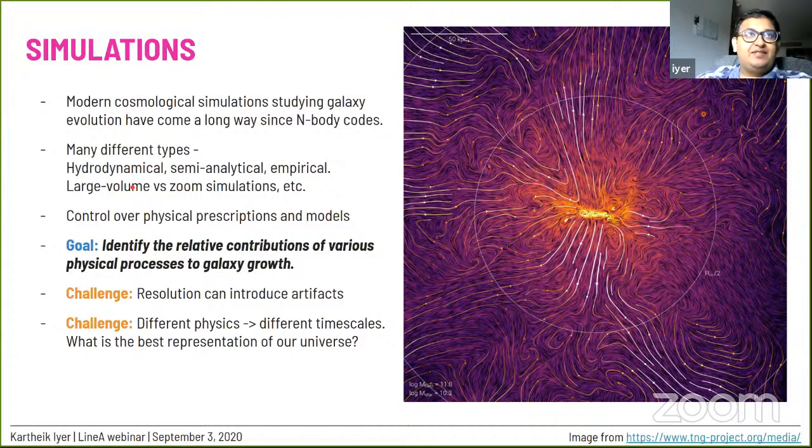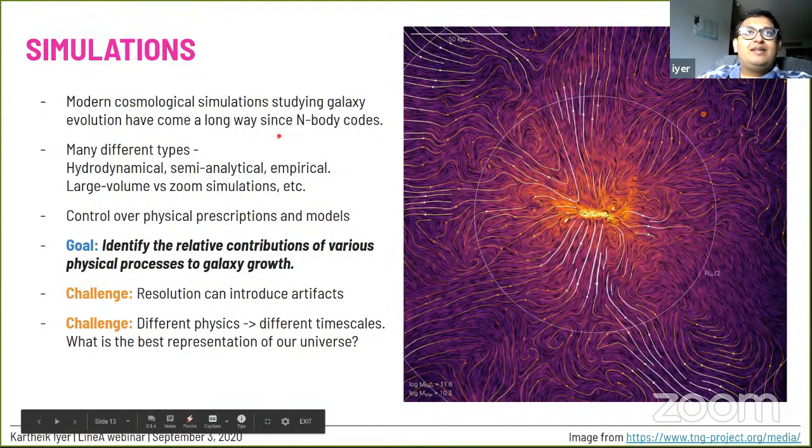They come in many different flavors, from full magnetohydrodynamical codes that solve these equations to figure out what's happening from one time step to the next, to semi-analytical codes where you have physical prescriptions for how galaxies are going to act, and these physical prescriptions are applied to dark matter halo merger trees to create galaxies, to simulate how they would evolve without actually physically having to spatially resolve these galaxies.